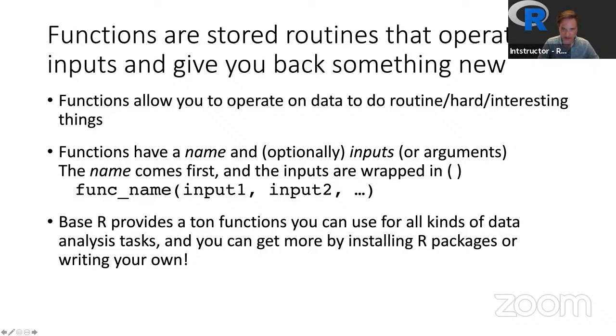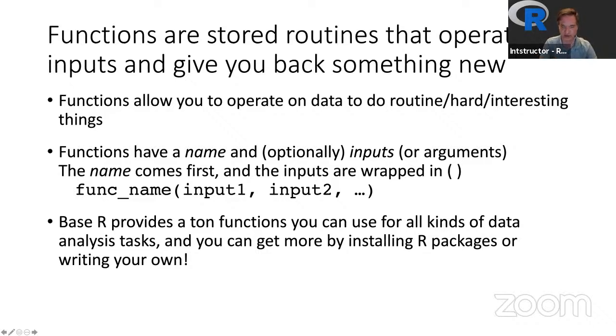Base R, essentially the R that you get when you install it from scratch without doing anything else, has a ton of functions available for you, ready to use, and we're going to see some of these. That makes it useful for starting to do data analysis just by using R with its capabilities out of the box. You can also install additional R packages that give you new functionality.